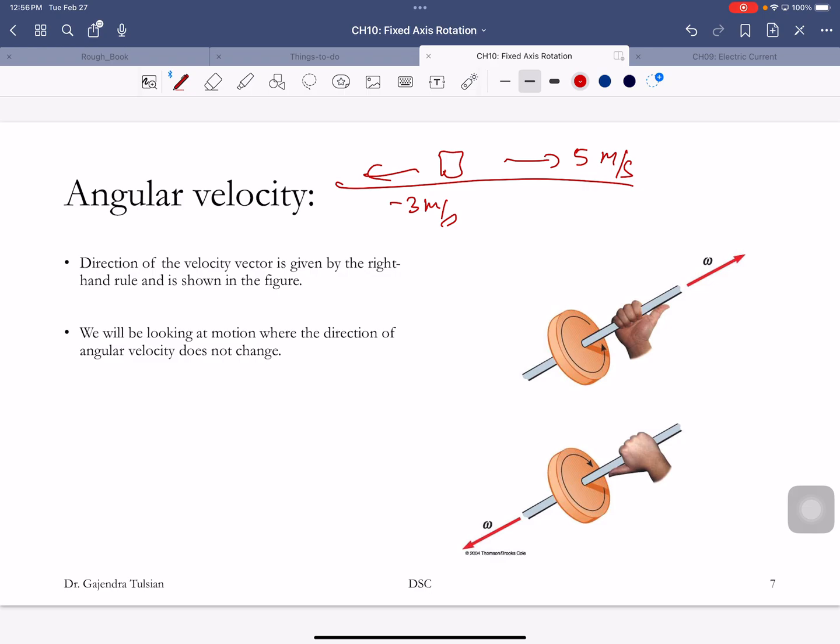The sign told you the direction of the motion. Just like that, you can take this to be positive velocity and this to be negative velocity. So again, the direction of the velocity is found by pointing your fingers in the direction of the spin, and your thumb points in the direction of velocity. Everybody understand that?